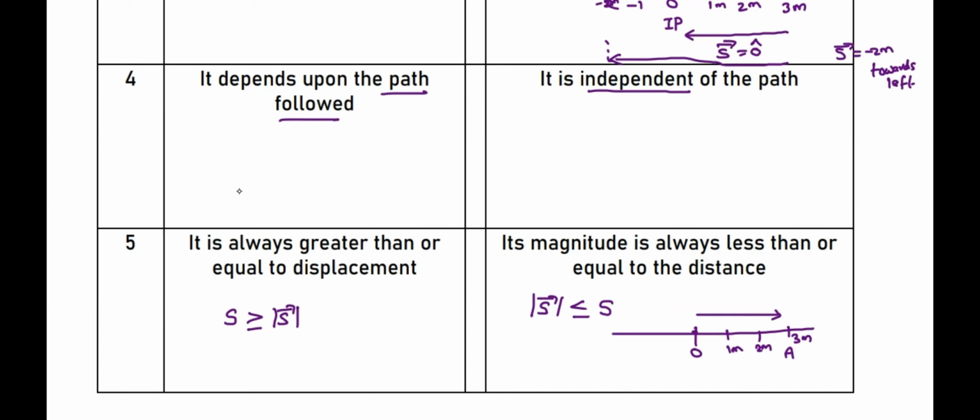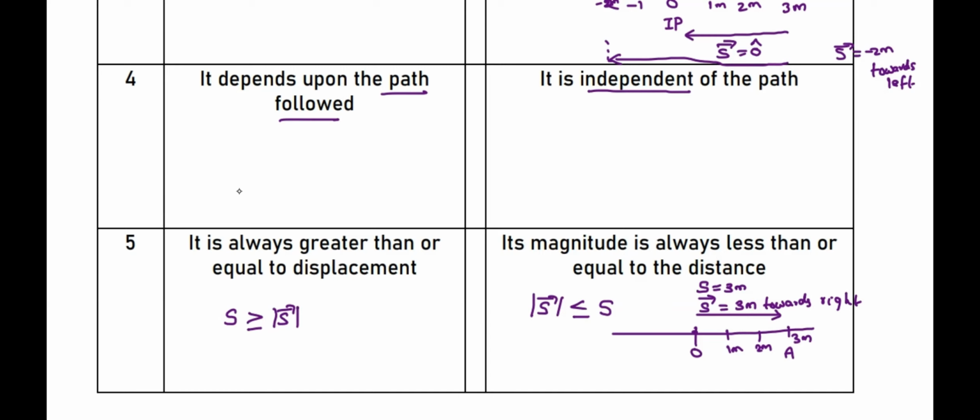Whenever the body travels a straight line path, according to the definition of distance, the distance travelled is the length of the actual path. Its value is 3 meter. And displacement is also 3 meter towards right. In this case, both distance and displacement are the same.